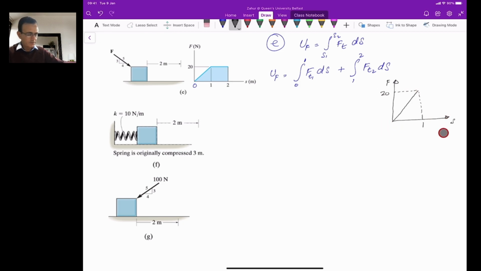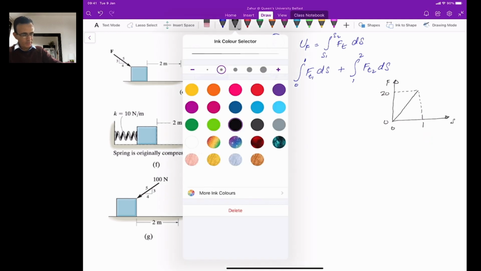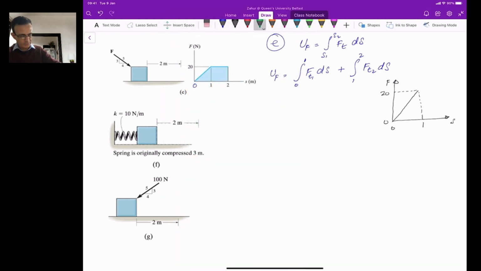From 0 to 1, this is how the force is changing with the distance. Now we want to find the equation of this force. This is our f and this is our s, and we can take this as our angle theta.